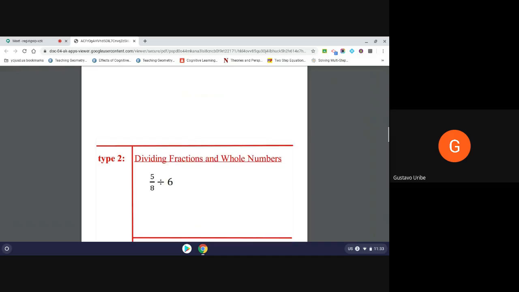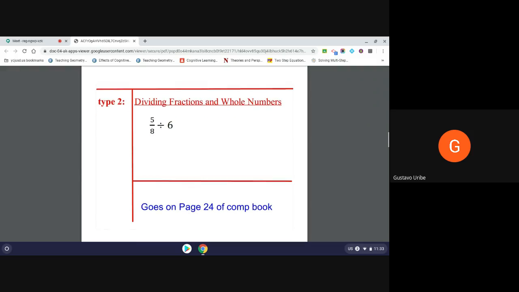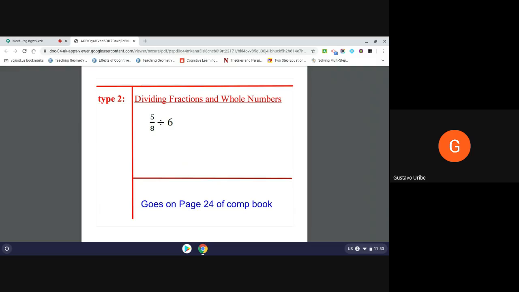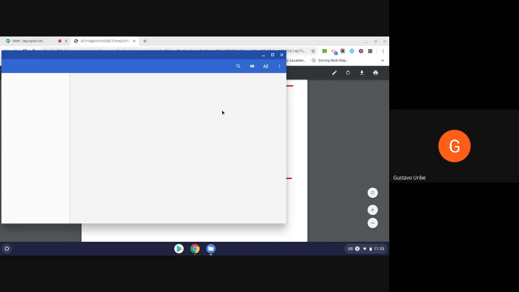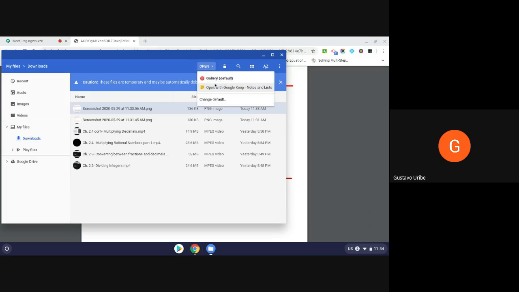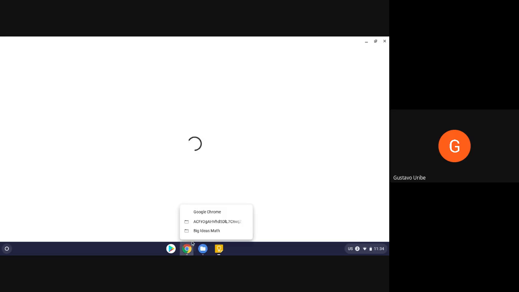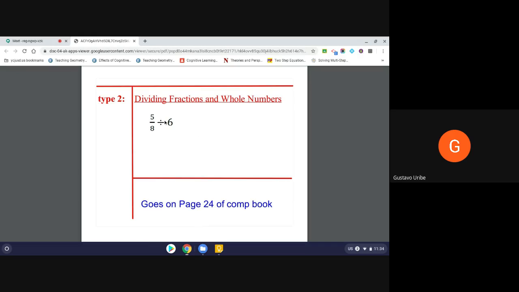Next, we're going to go ahead and look at dividing fractions by fractions and whole numbers. So the first thing we want to do here is take a look at this whole number, and we want to change it up so that it looks like a fraction. Well, all we're going to do is rewrite it in a sense.